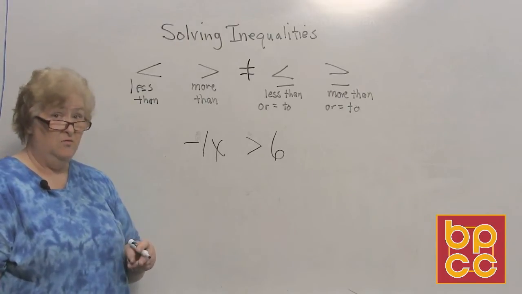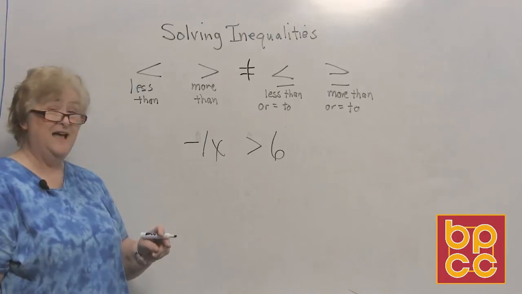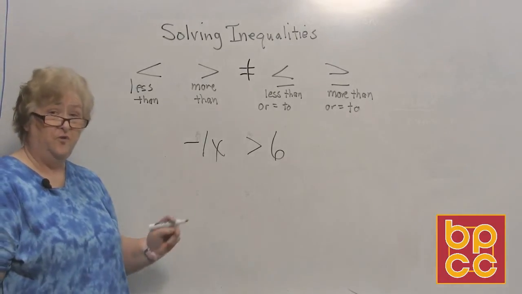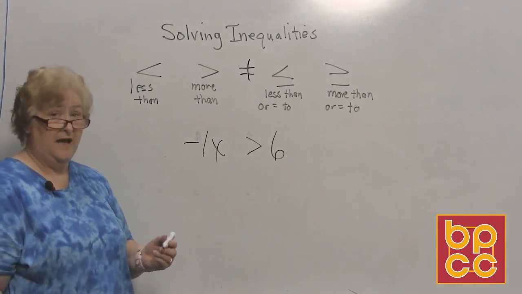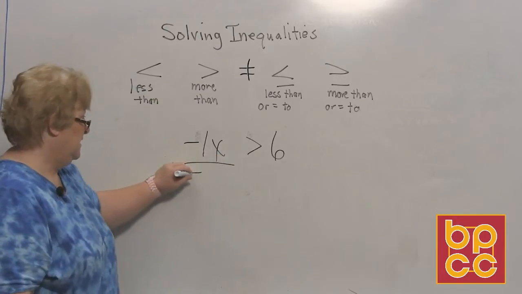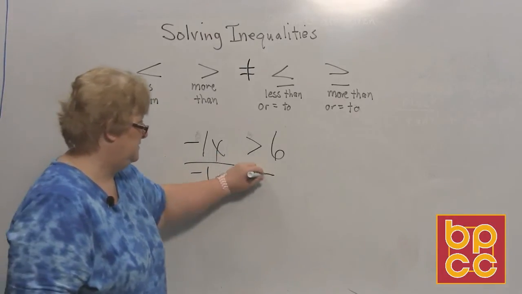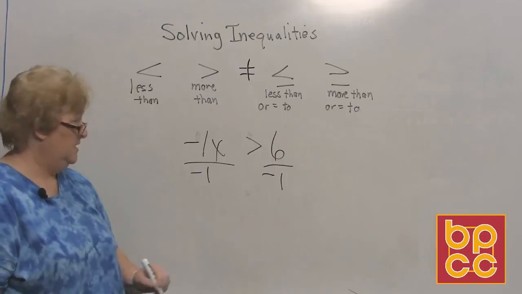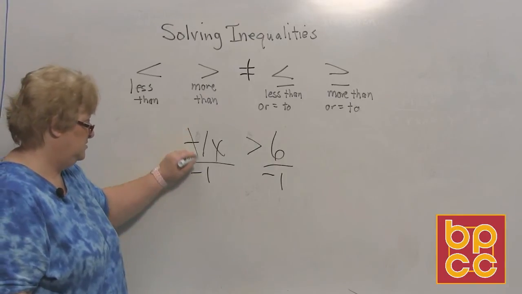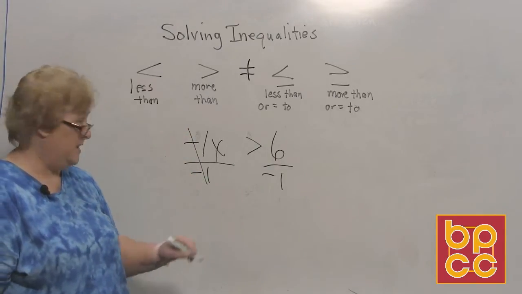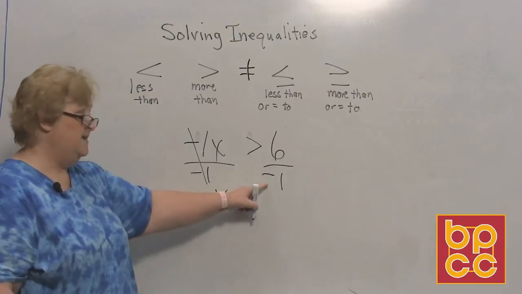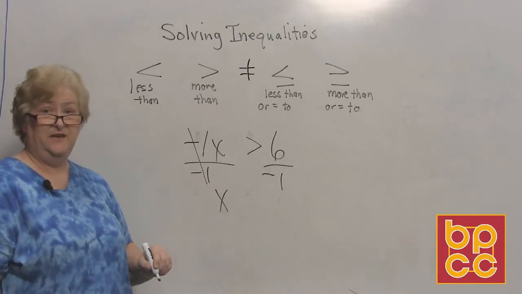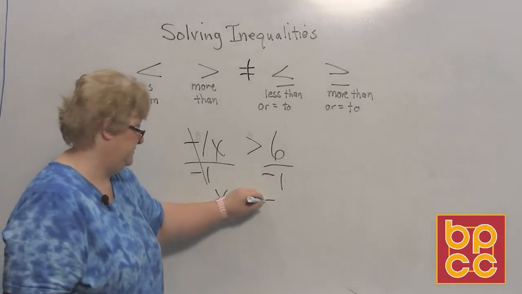So you know that we're going to have to divide both sides by a negative 1 to force that x to be positive. So I will now divide by a negative 1 and a negative 1. When I do that, two negatives clear out to make a positive 1x. A negative 1 into 6 is a negative 6.